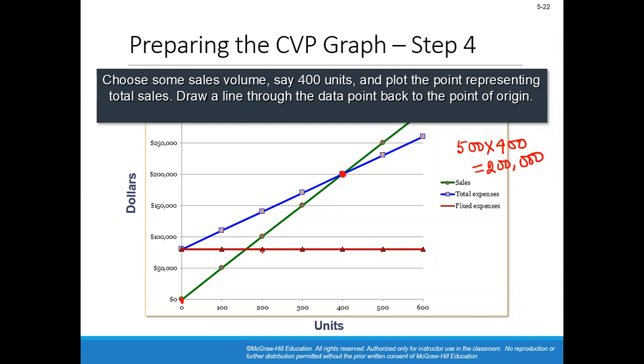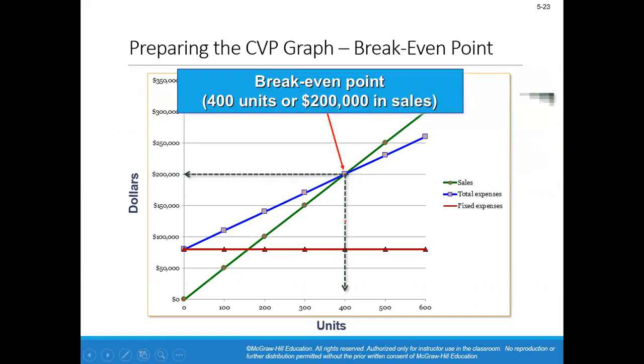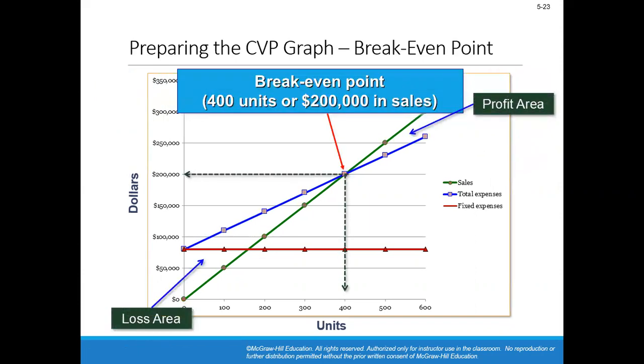Now, we see that the total expense line and the sales line are intersecting each other at this point. So this point is known as the break-even point. This is a basic understanding from your microeconomics, if I'm not wrong.